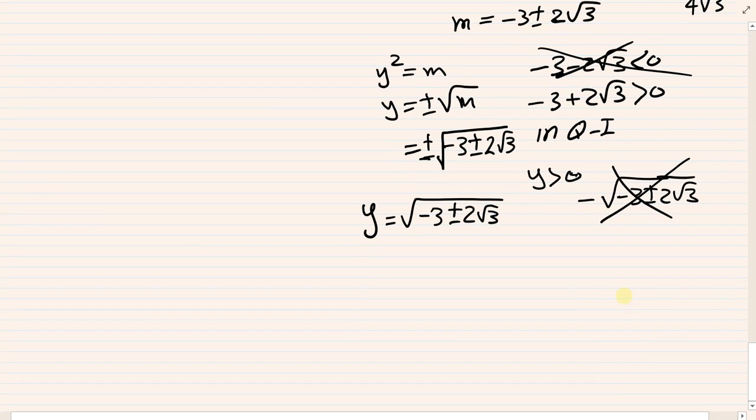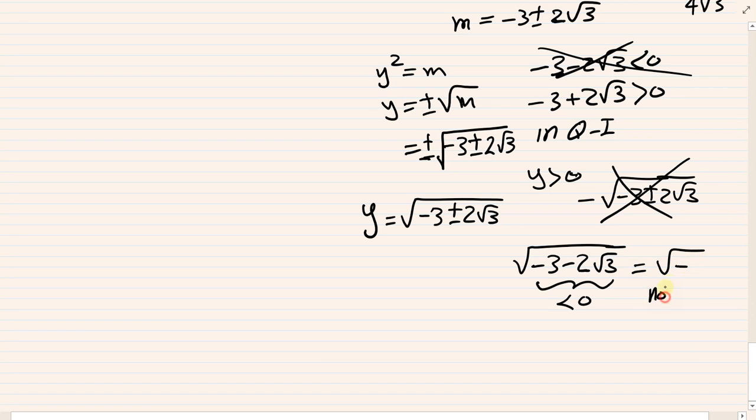If I go with negative 3, the square root of negative 3 minus 2 root 3, right, negative 2 rad 3, this expression is going to be negative. You have a square root of a negative number. This is not real, right? We get into an imaginary situation.